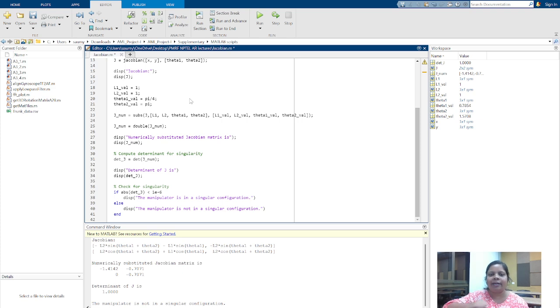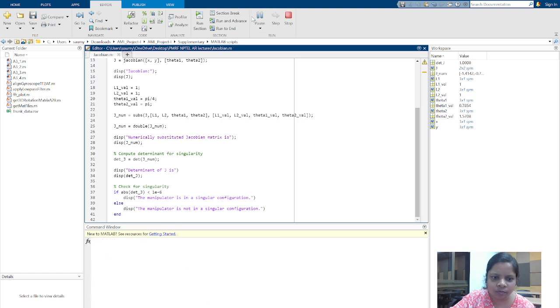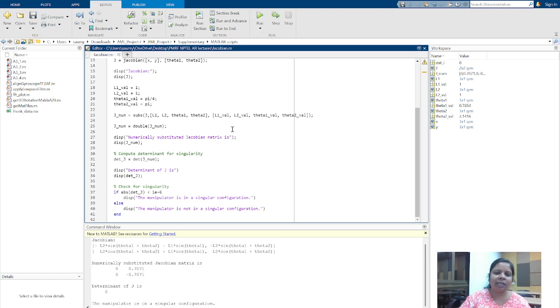Your manipulator will be completely stretched, and the code should be able to say that it is in a singular configuration, because you have it completely stretched. Your theta 2 is equal to 0, and it should say that. Yeah, you see the determinant of J is equal to 0 and the manipulator is in a singular configuration.